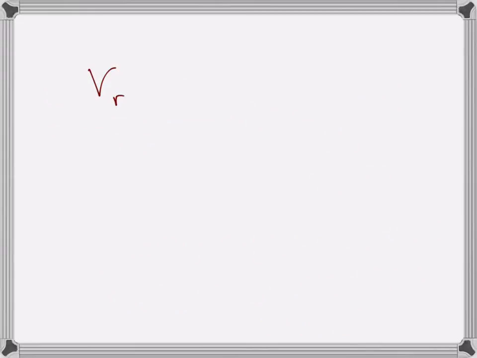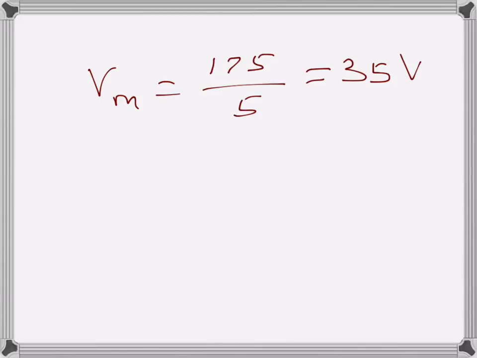So Vm now becomes 175 over 5, which is 35 volts. So I arrived at that very quickly. So the power dissipated by the 2 ampere current source will be, it's the same equation, Vm times the current, which is 2, so that will be 70 watts.